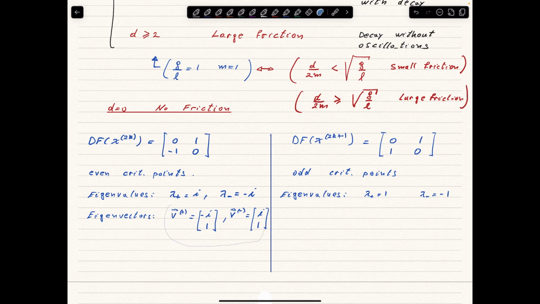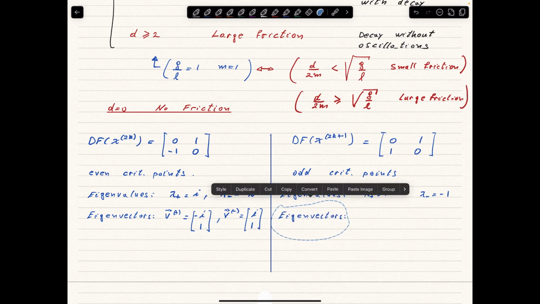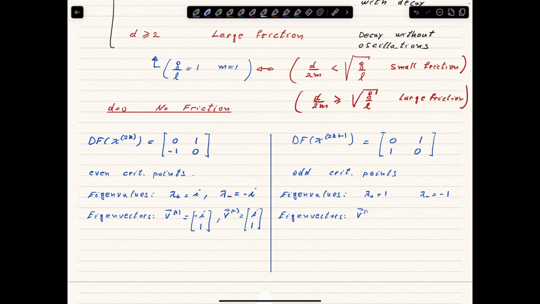Maybe we can move everything a little bit here, there. And what happens for the eigenvectors in the other case? You can do the calculations, but here I'm showing you the result. V plus, in this case, odd critical points, is going to be 1, 1. And v minus has to be computed, and it's going to be negative 1, 1.